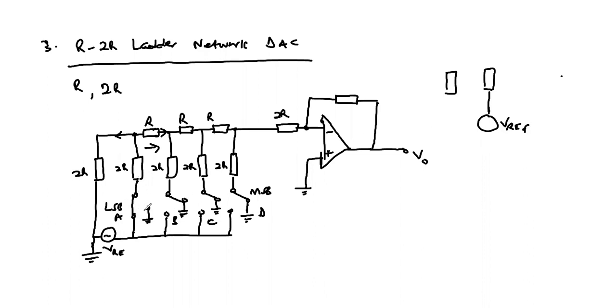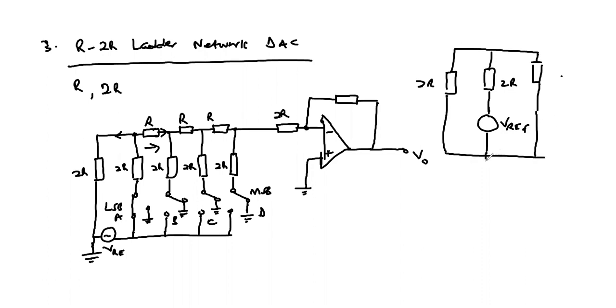Can bring the reference voltage here. This is 2R, this is 2R. And then from this point onwards to the right, we also see 2R. Therefore, the resistor at this point is also 2R, and this is our equivalent network.